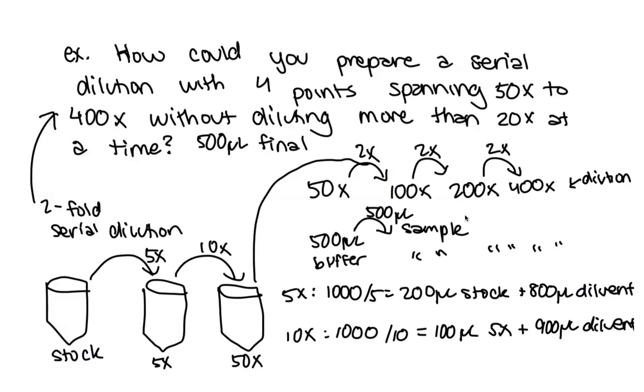And that will give us a 50x, and then we'll take 500 microliters of that and add it to 500 microliters of buffer to get our next one, our 100x, because we're multiplying 50 times 2, that'll give us 100x. And note that we are only taking away 200 microliters of our 5x, so this would still leave us with 800 microliters of that. And for our 10x, we're only taking away 100 microliters, so we're going to be left with 900 microliters.